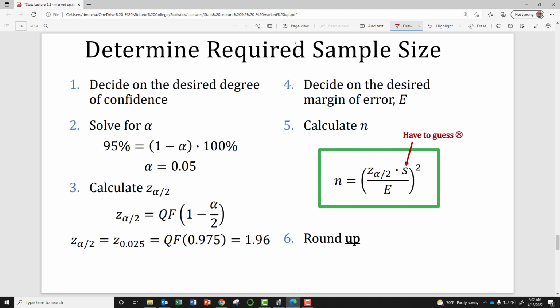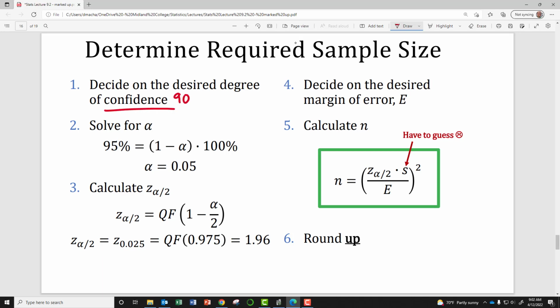And there's one more skill that we ought to talk about here, is how to determine the required sample size for your experiment or for your survey. So this is going to require you to decide two things. Number one, you have to decide on your desired degree of confidence.